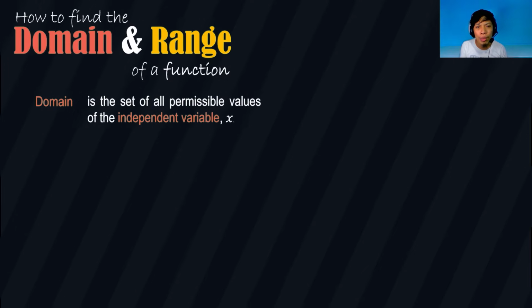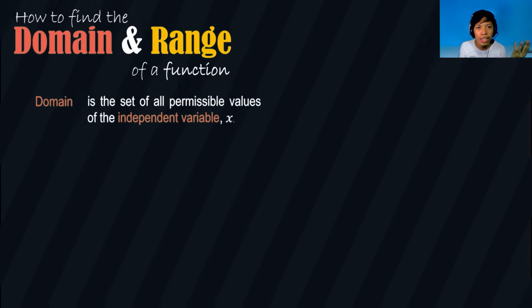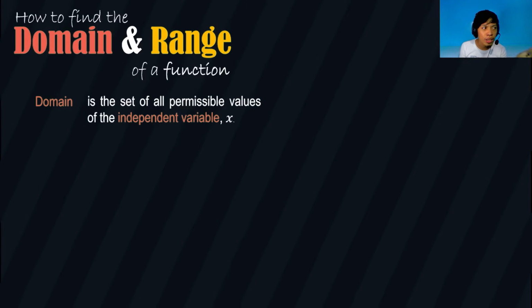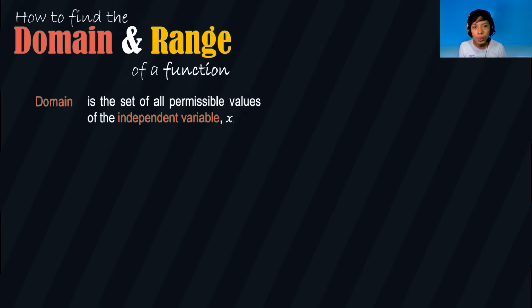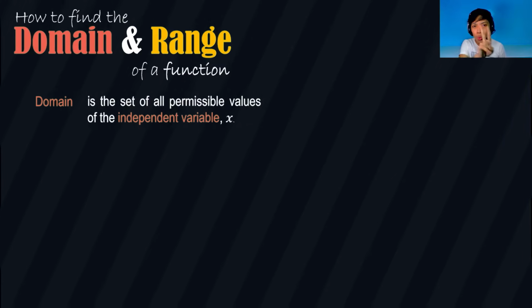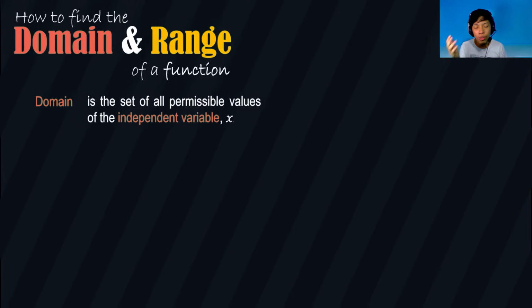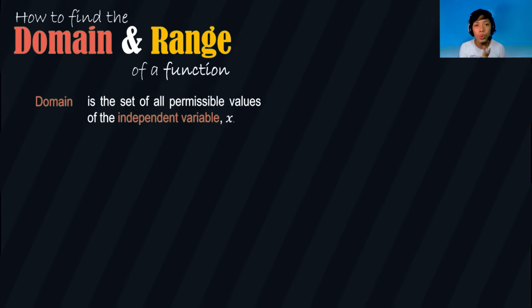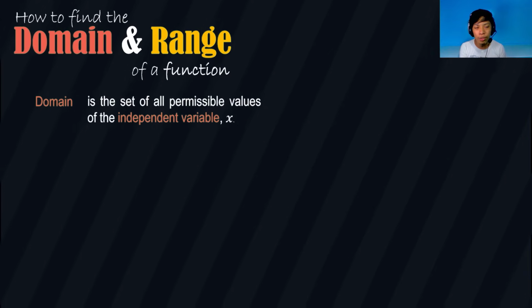So what does permissible values mean? How can we say that a value of x is a permissible value of x? Basically, there are just two criteria to say that a certain number is a permissible value of x.